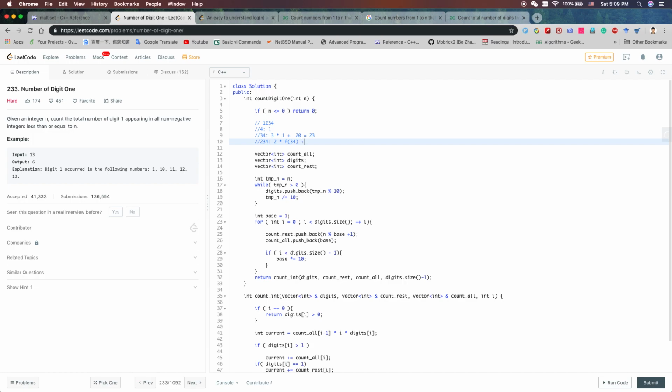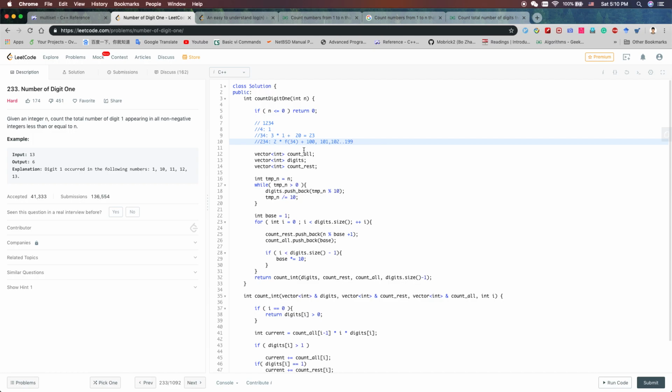And the second part is, if the third base has digit 1, how many numbers can start with 1, which has 3 digits in total? So it is 100, right? From 100 to 101 and 102, all the way to 199.